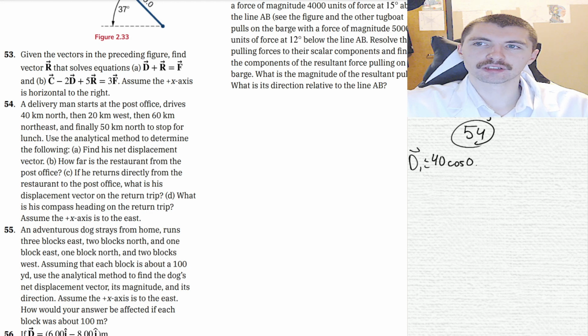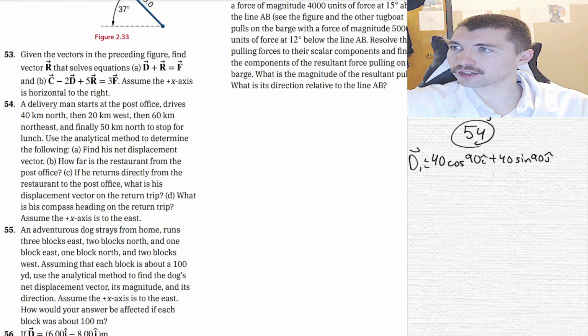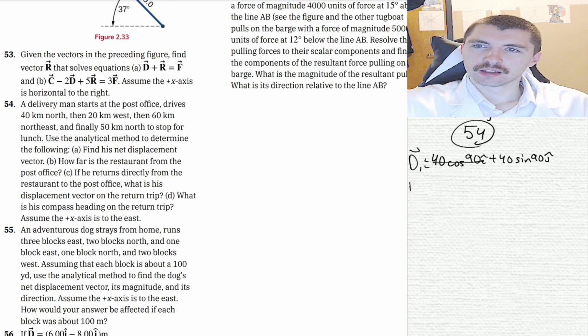I'm sorry. 40 cosine 90 degrees. So I think this component will cancel out. So D2, 20 west, 20.